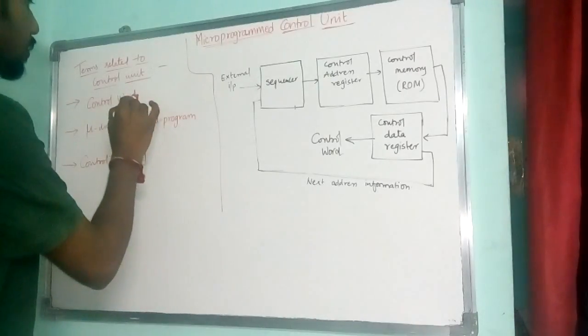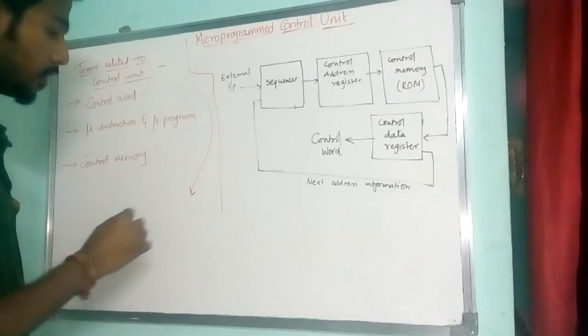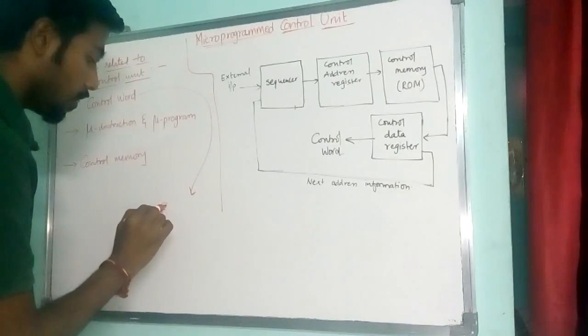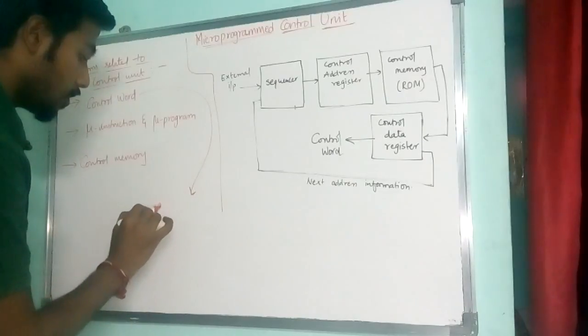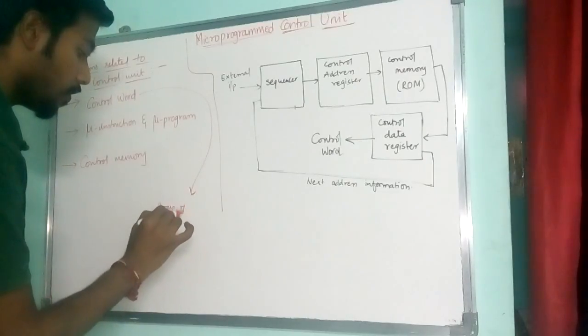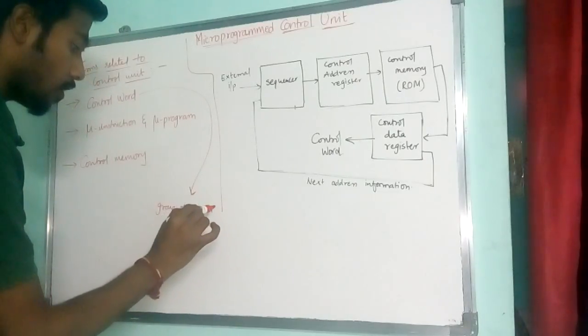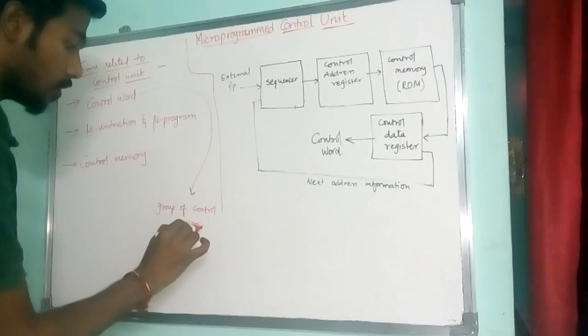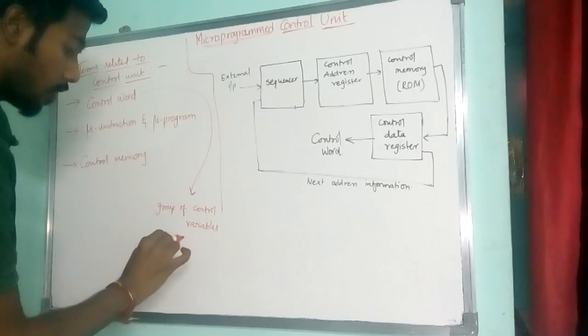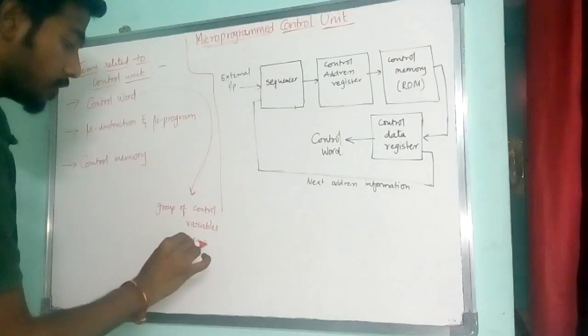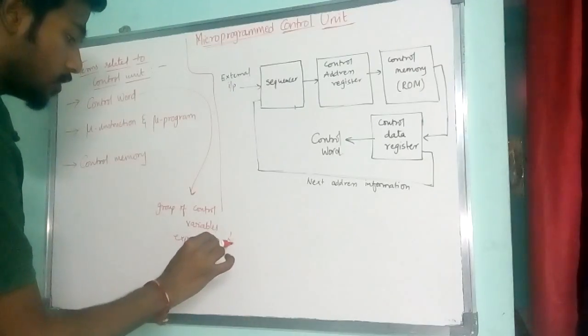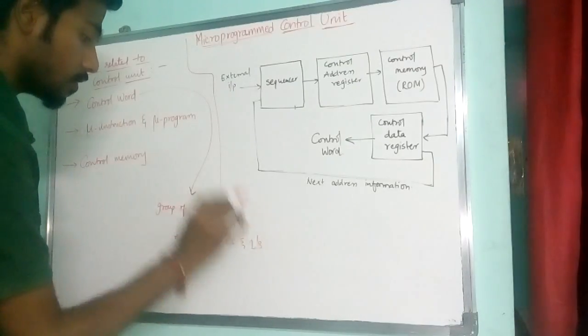That means a control word is a group of control variables expressed as zeros and ones.